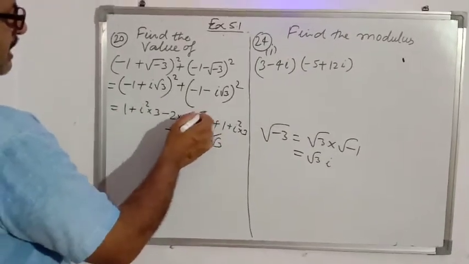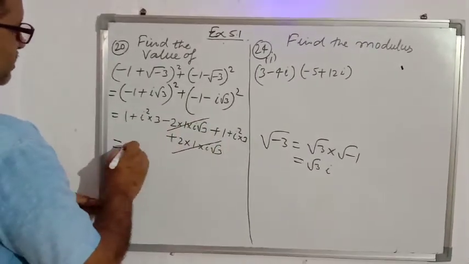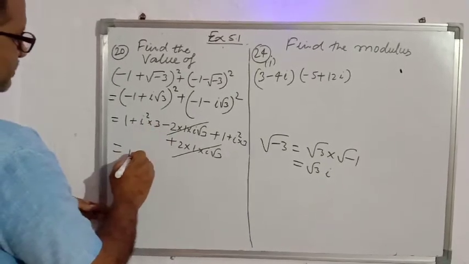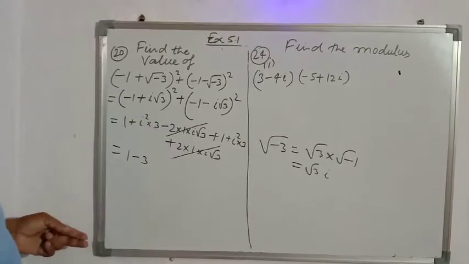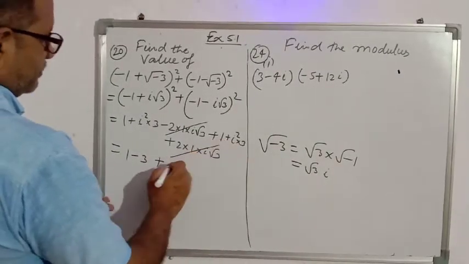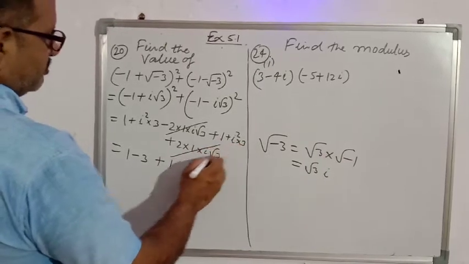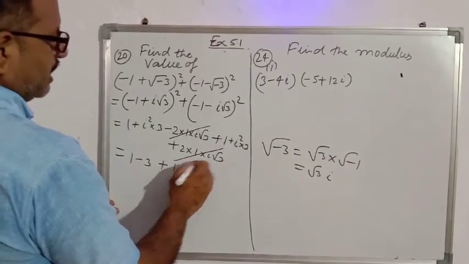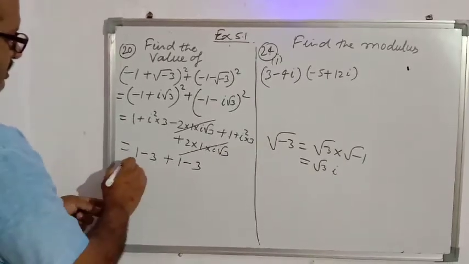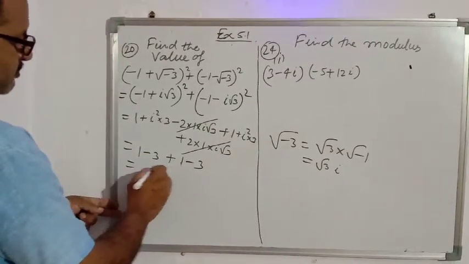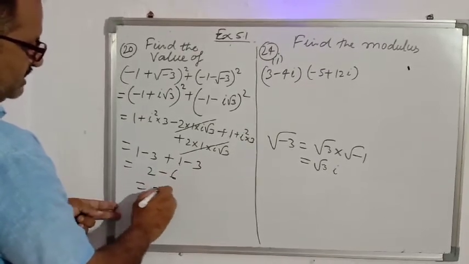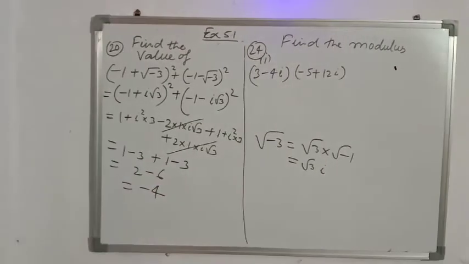So this part cancels with this one. i square is minus 1, so 1 minus 3 plus 1 minus 3. 1 plus 1 is 2, minus 3 minus 3 is minus 6, 2 minus 6 is minus 4.